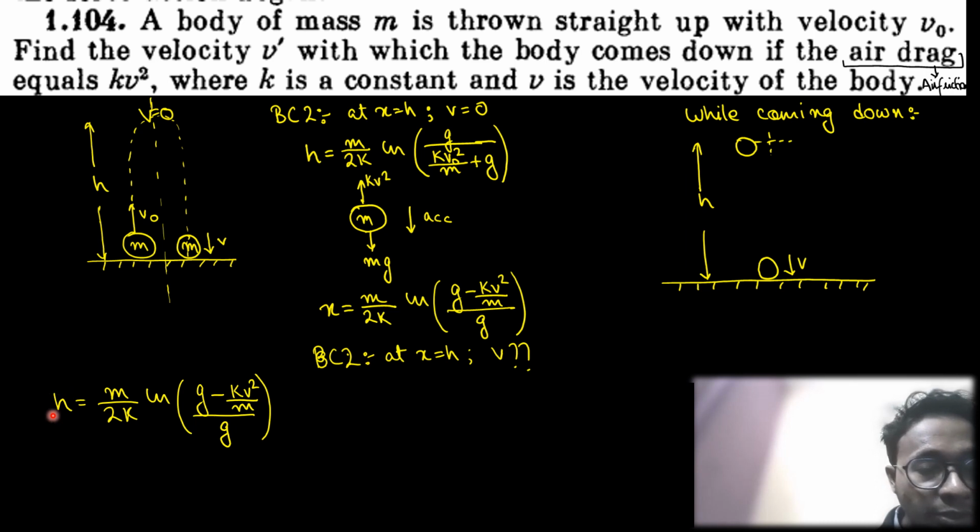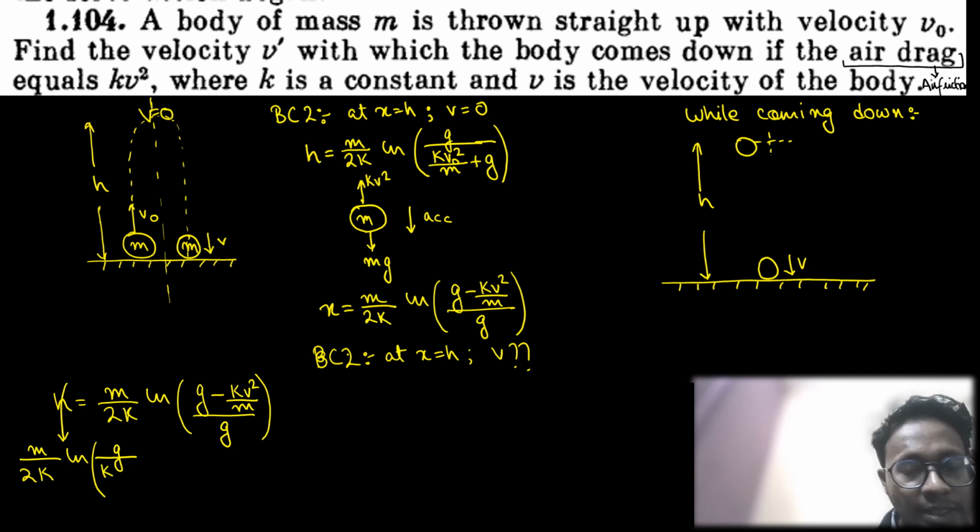So first we need to substitute the value of h. What is the value of h? The value of h is nothing but this value. So h is nothing but m by 2k ln of g by (k v naught square by m plus g).